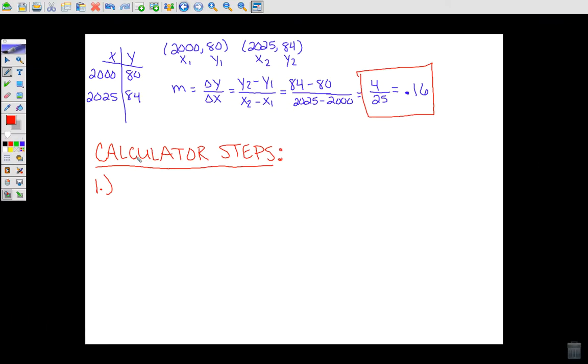So number one is going to be stat, and then edit. Number two, you're going to fill in L1 and L2.